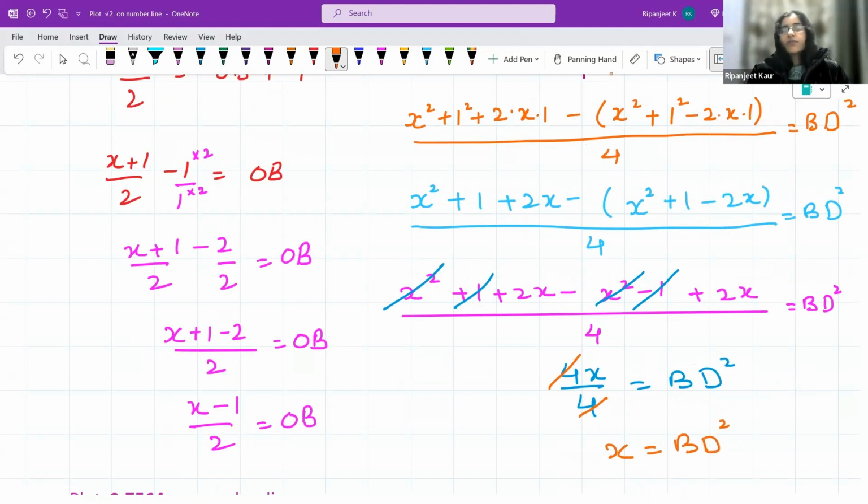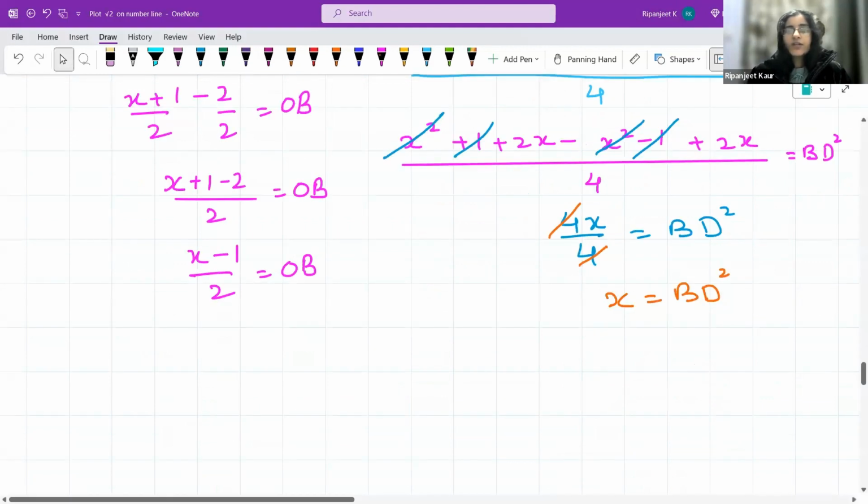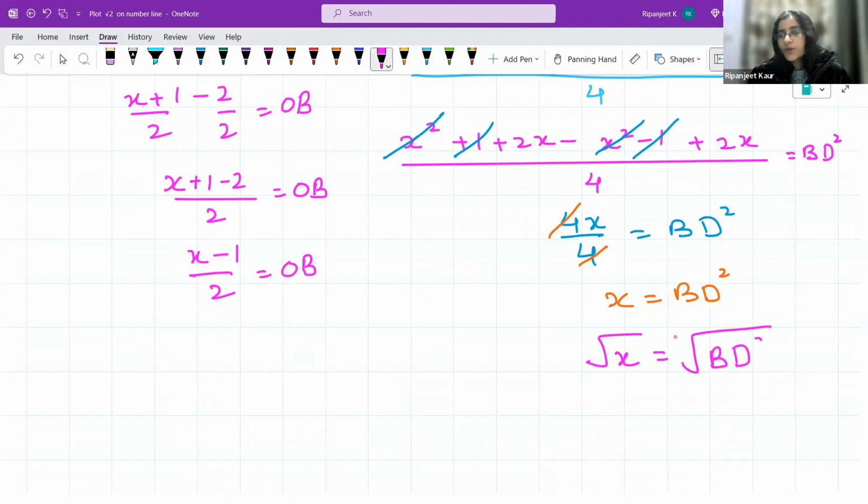And we know if we want to remove the square, what do we have to do? Yes, we have to take square root on both the sides, right? So let us take the square root on both the sides. Square root of x equals square root of BD squared. Square and square root got cancelled.